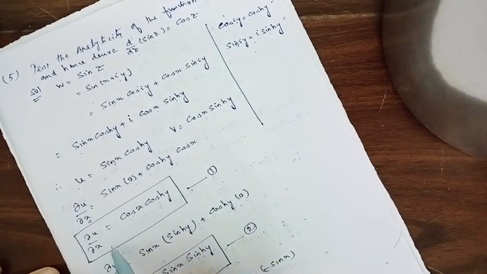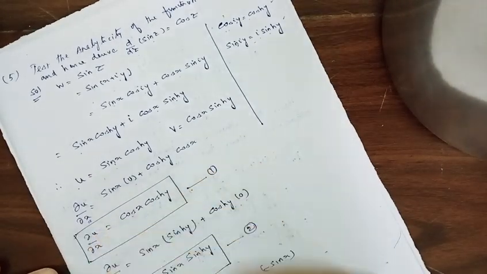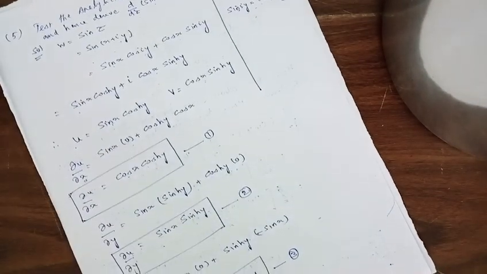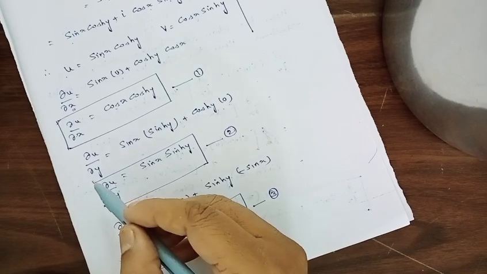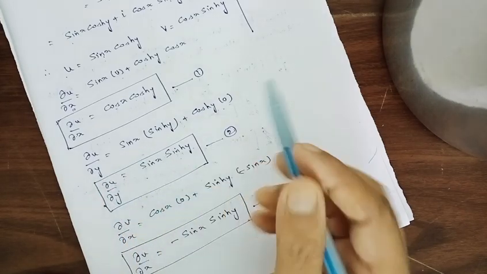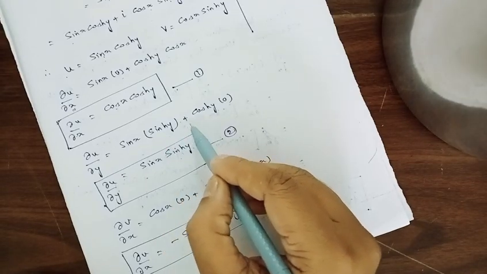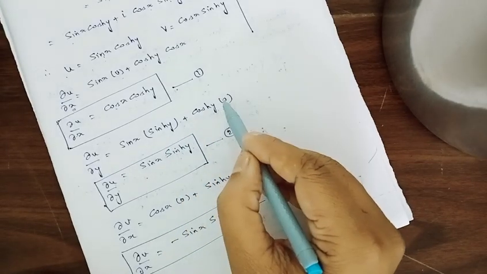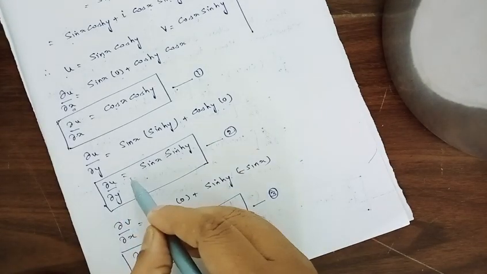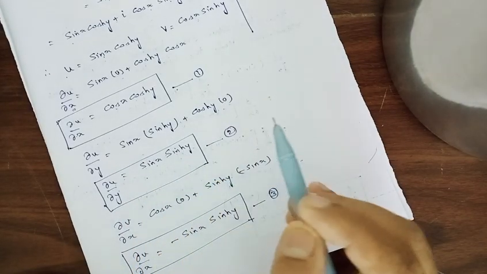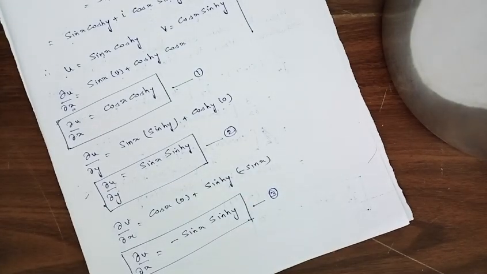Therefore, dou u by dou x is equal to cos x cosh y. Now in a similar way you will find dou u by dou y. Here you are differentiating with respect to y, so the x terms become 0. Therefore, dou u by dou y is equal to sin x sinh y. Okay, so you found dou u by dou y.